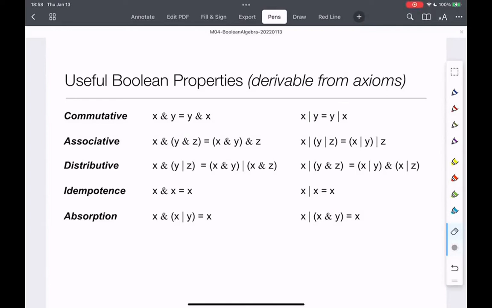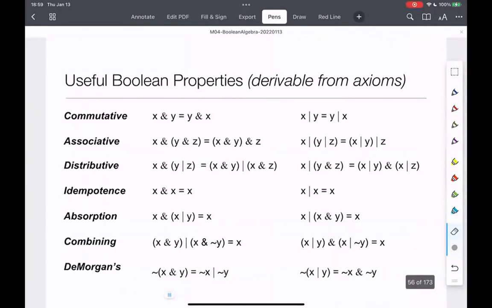One way of proving these things is you can always construct a truth table of both sides and show that it is true, right? So that's one way you can do it, but you can also algebraically show the equivalence here. Combining is another property, right? It's basically canceling out Y and not Y in these cases.